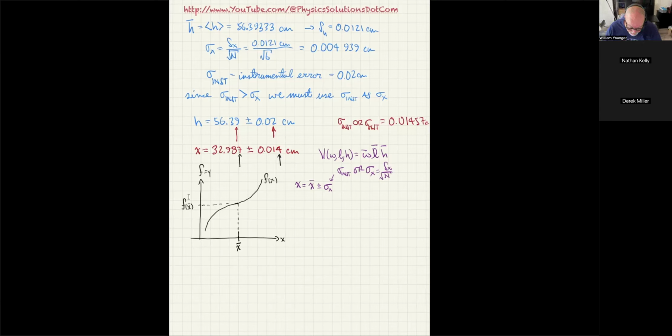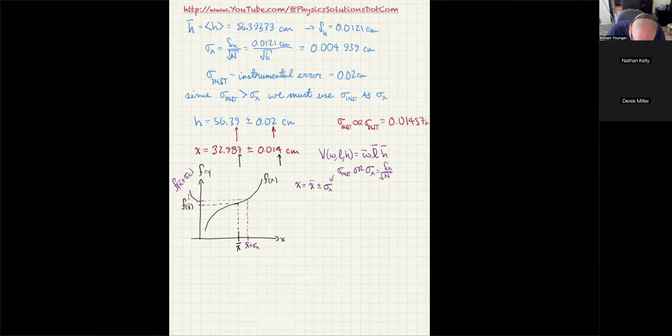So what we need to figure out is, what if my value is not x bar, but x bar plus sigma x? Well, in that case, the function is going to be read as f of x bar plus sigma x. And that's the actual value when we evaluate the function at x bar plus one standard error.